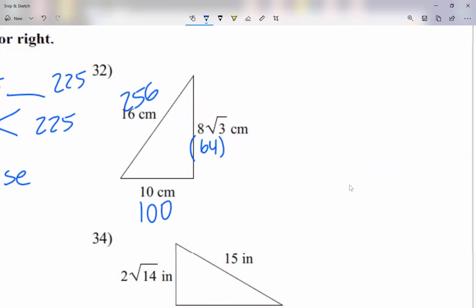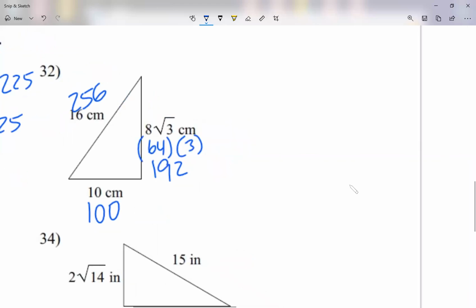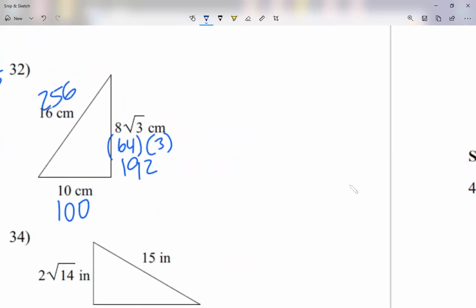If I only had the radical 3, squared is 3. Now, because I have both, let me combine them. 64 times 3 is 192. So I see a squared, b squared, c squared. Let me add the two small numbers. 100 plus 192. Let me leave a space because I don't know which sign I'm going to get.